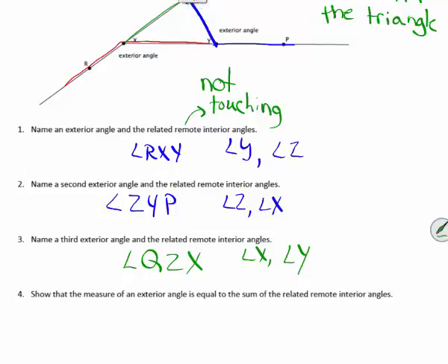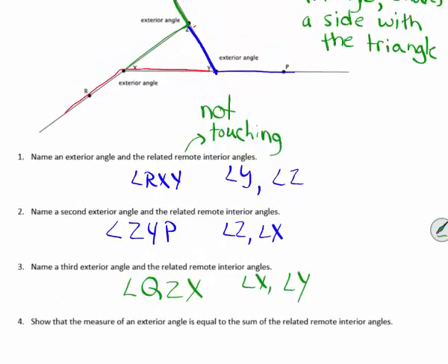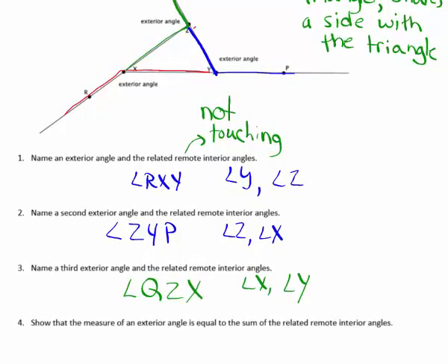All right, now let's just talk about one pair. I'm going to just deal with this first pair, this RXY and Y and Z. I'm going to erase for a minute. I know a couple of things. I know that the sum of the angles of a triangle add up to 180 degrees. I also know that a straight line makes 180 degrees. Well, I'm going to fill in some pretend numbers.